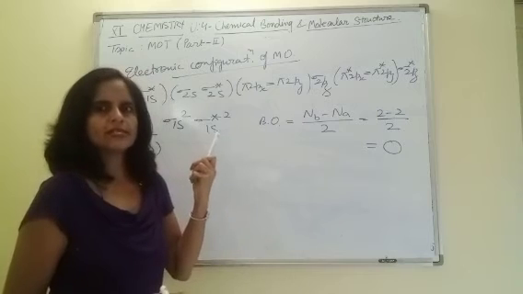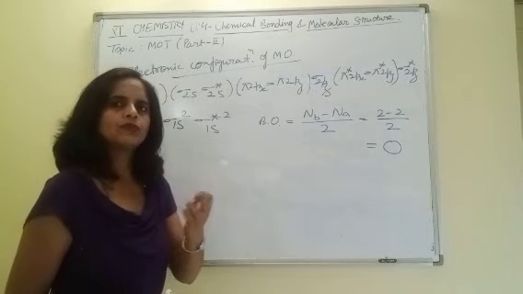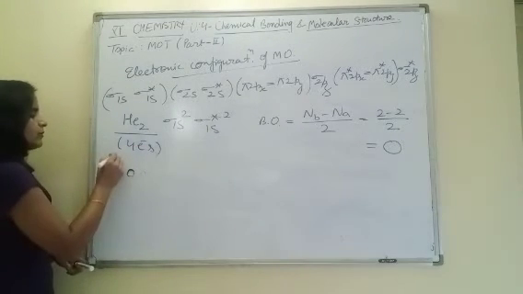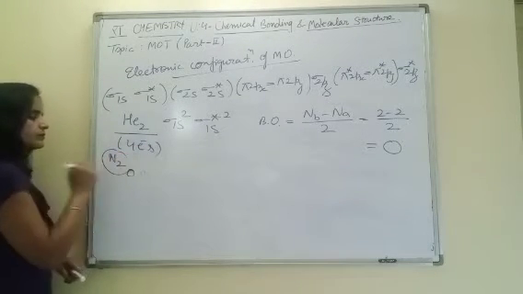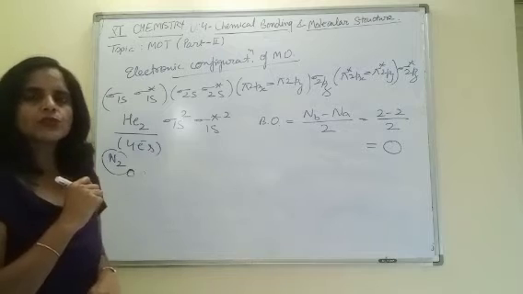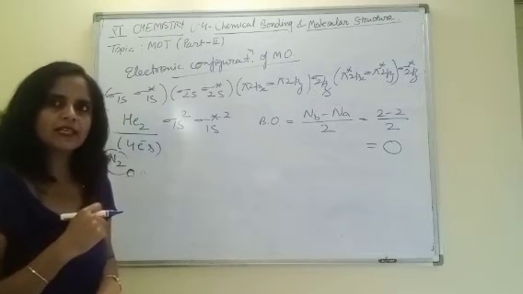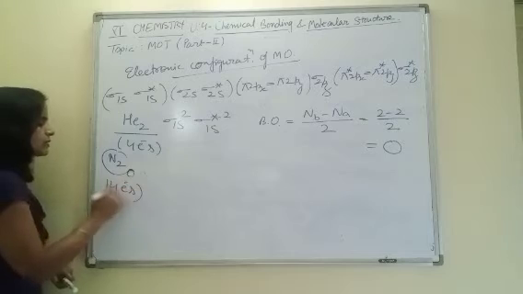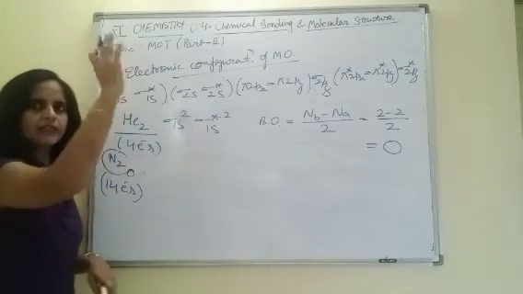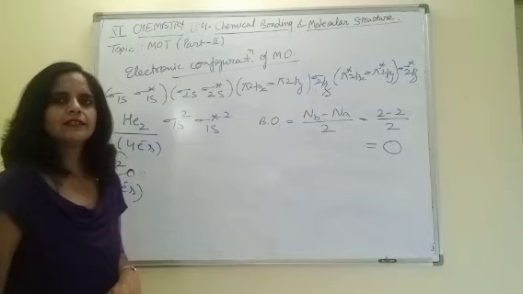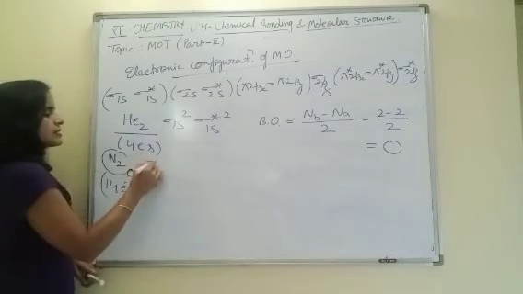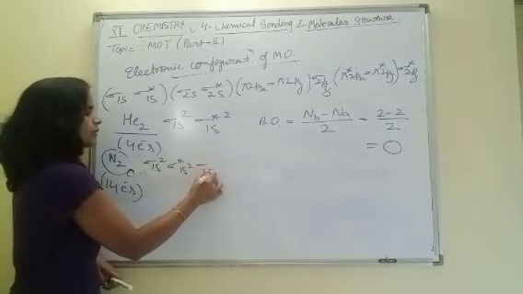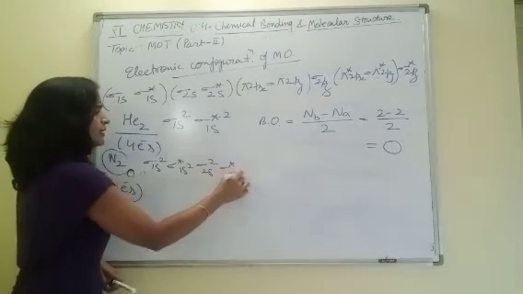Let us take one more example. Then I will give you a few cases to try. Nitrogen molecule. How many electrons in total? Atomic number of nitrogen is 7. So its molecule has 14 electrons. Start filling these 14. First of all, sigma 1s is 2, sigma star 1s is 2, sigma 2s is 2, sigma star 2s is 2.